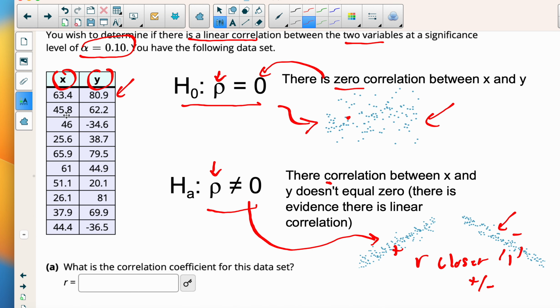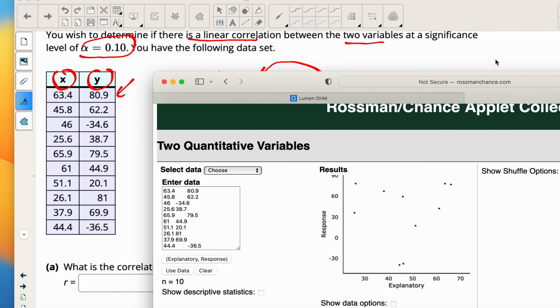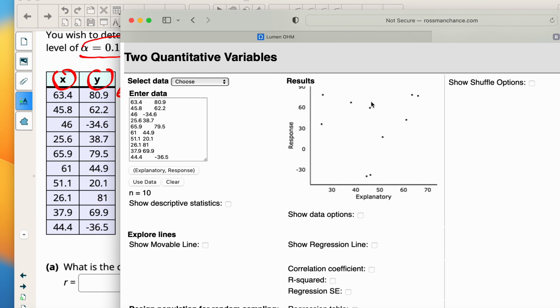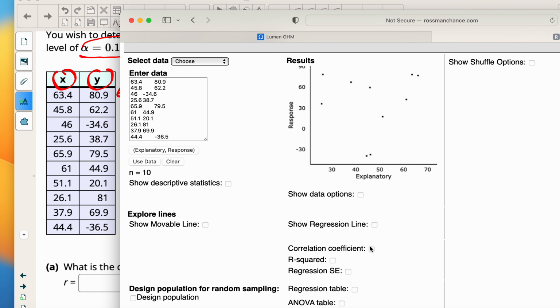Let's look at this data. I've got Rossman Chance open. Let me pull that up. Here's Rossman Chance. I cut and pasted that data already. It created the dot plot. I'm going to click on correlation coefficient. That's my R value right here.